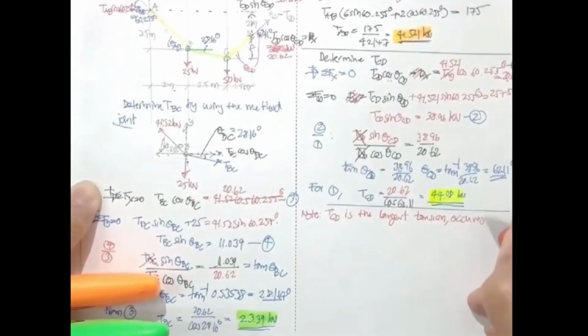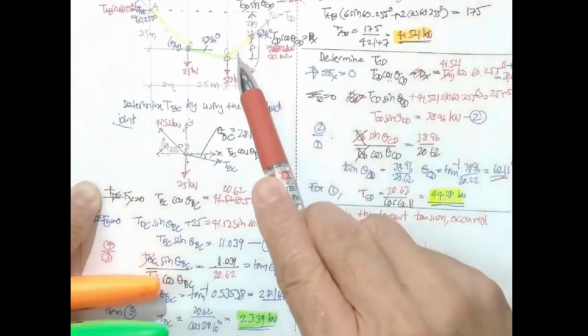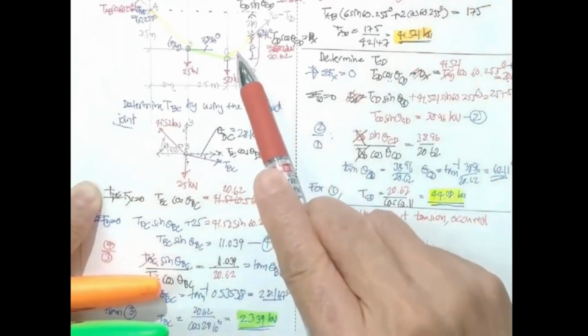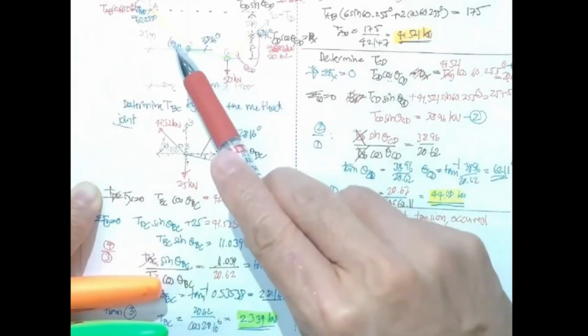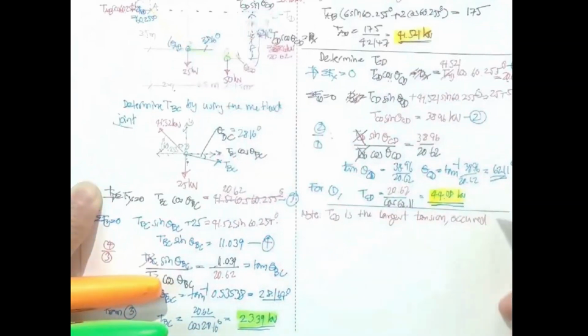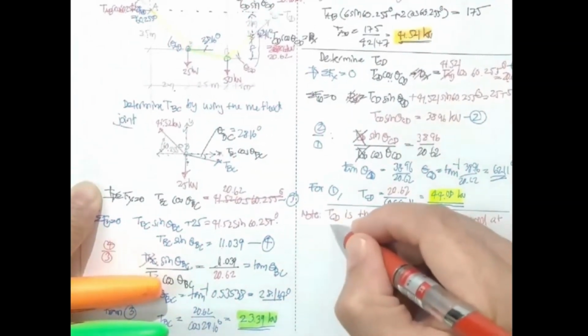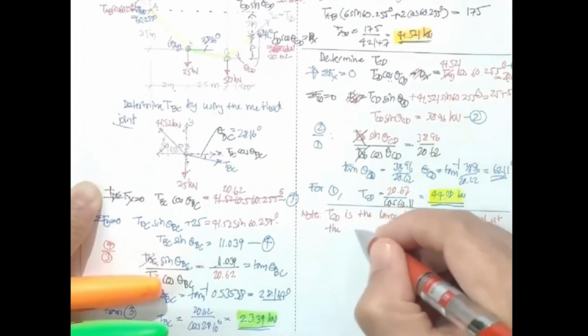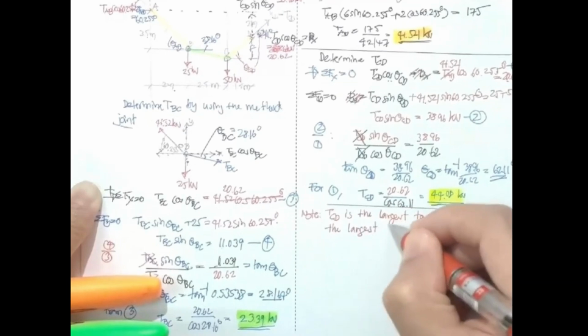You see this angle 62.11 for the yellow, the green 28.16, the orange 60.25. So it occurs at the largest theta, which is the angle between the cable and the horizontal.